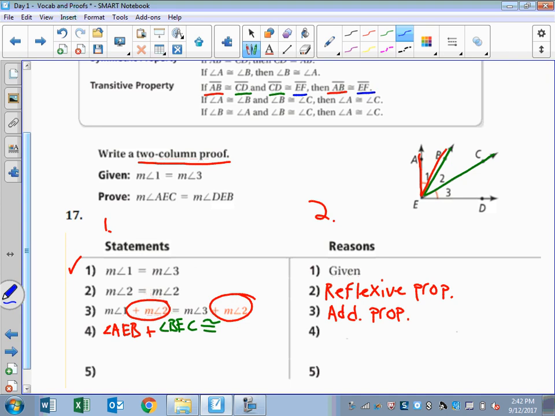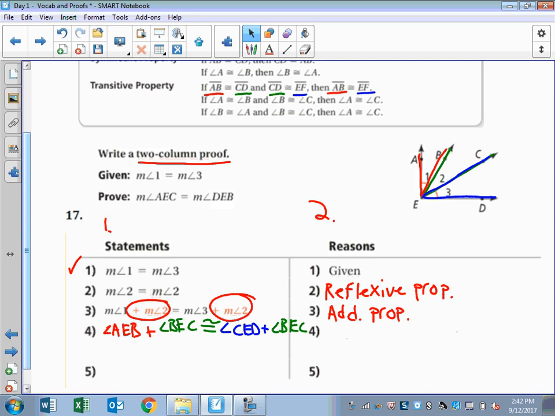Angle 3 is CED. And then we have the measure of angle 2 again, which is just BEC. In this step, we plugged in the names of the angles for the actual measures of the angles. Anytime we plug something in for something else, that is called substitution. So this is the substitution property.